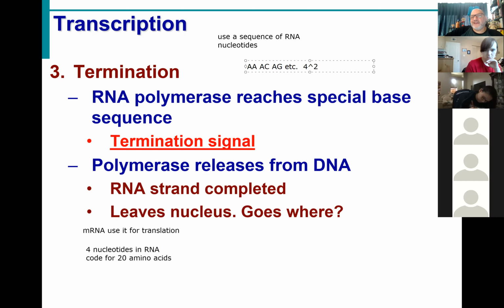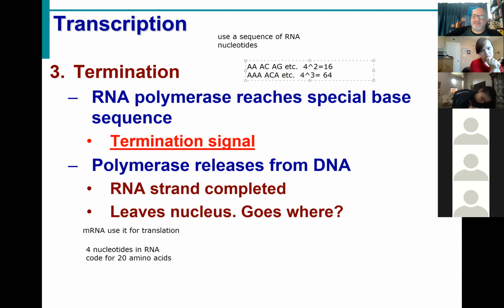And 4 to the second power, what is that? That's 4 times 4. 16. That's not enough. However, if we do things like AAA, ACA, etc., we then have 4 to the third power. And what does that equal? 64. More than enough.